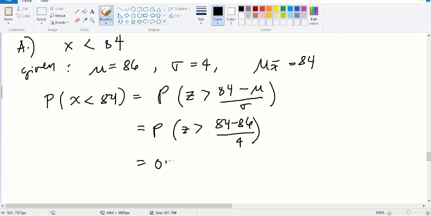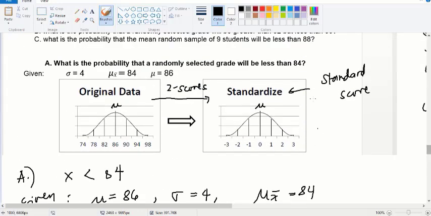So negative 0.5. Let's find it on our standardized normal distribution graph. This is negative 0.5.